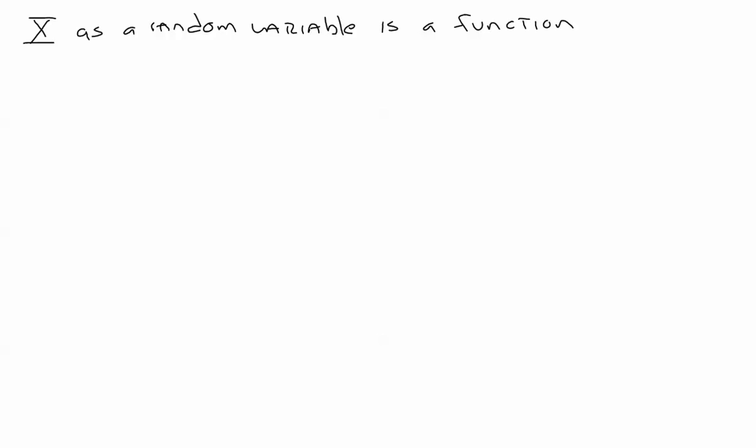It's a function that maps an outcome of a chance experiment to a real number. All right? X is a function. A function of a function is a function. Remember that from probably an early calculus or maybe even an algebra class.